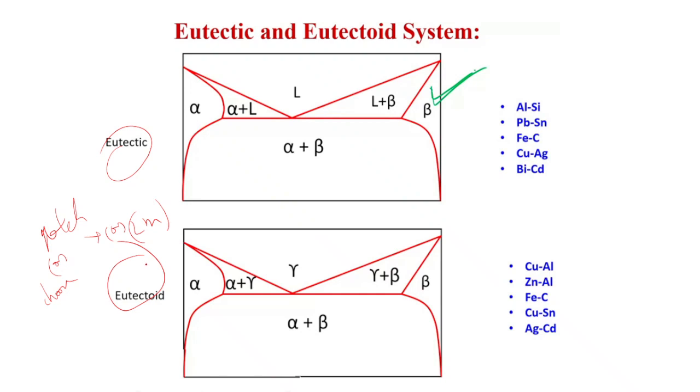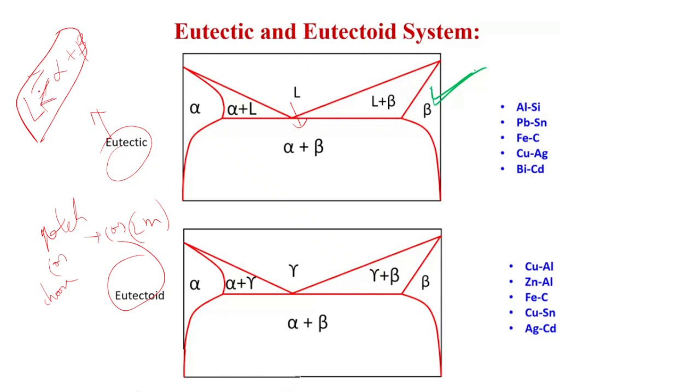We can expect one possible question from this. If a system is eutectic, it is a liquid finally turning into two solids, alpha phase and beta phase. This is eutectic. We have to remember that.